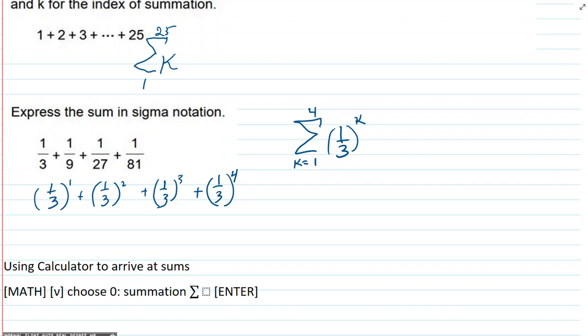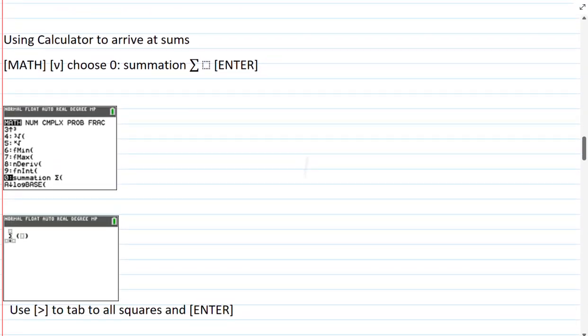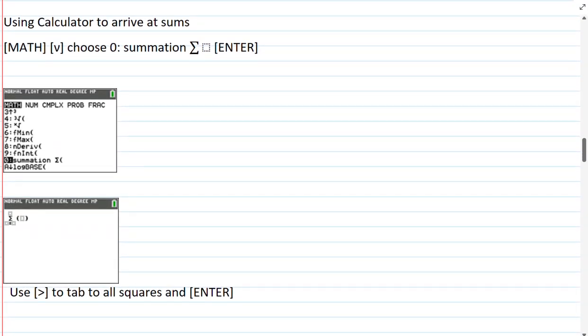All right. So now we're going to use our calculator. In our calculator, we're going to hit the math key, and then we're going to choose our summation 0. Choose 0. It's supposed to be an arrow down. And then we hit that, and then we enter, and you get what you need to do.